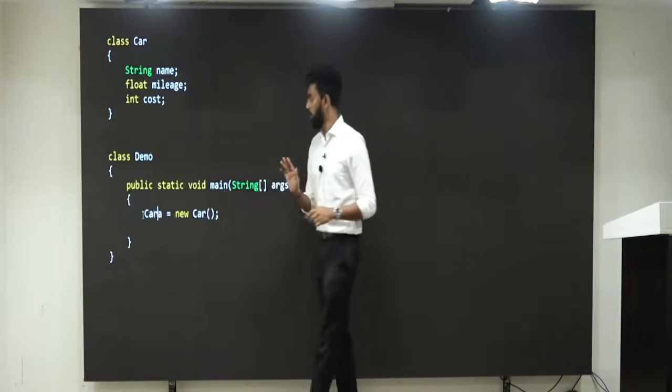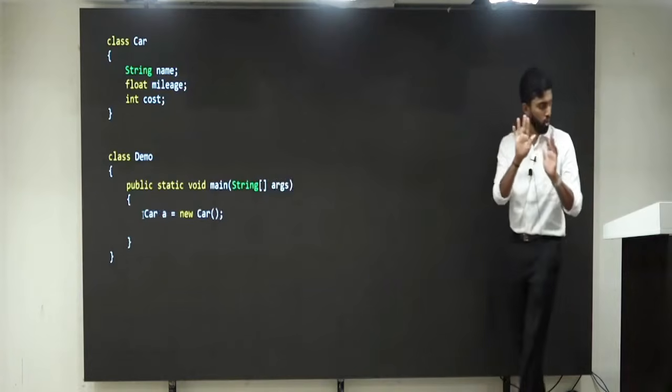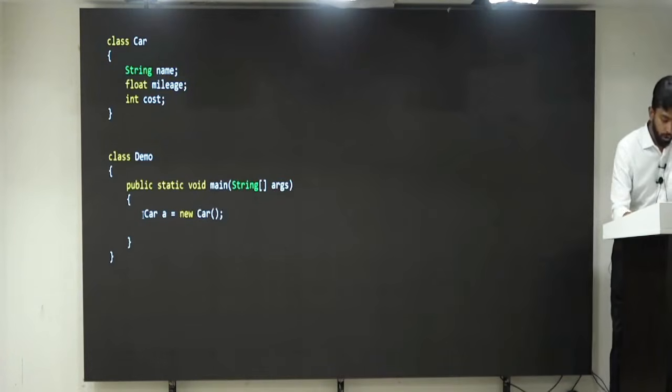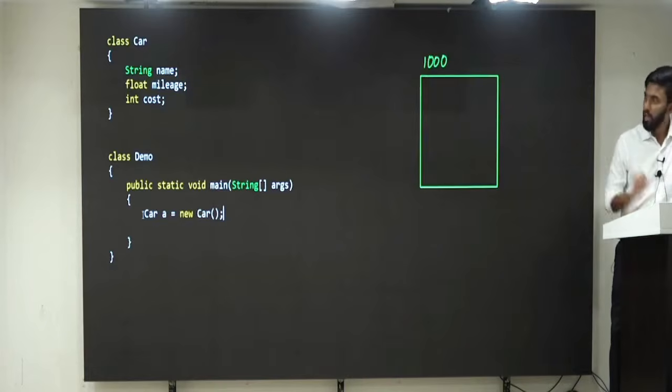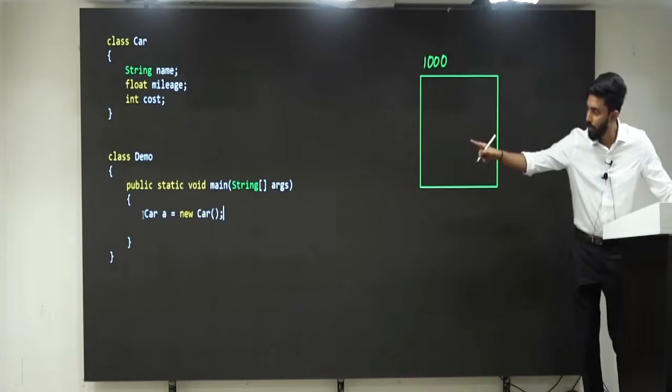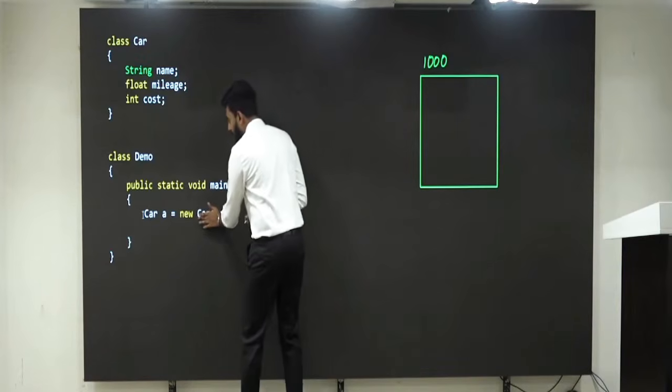Now everybody knows static is there, stack is there, heap is there. I am not showing all that. You know, new means immediately one new block of memory will be created which will have an address. Next, you are telling JVM, please go and create an object of a class called car. JVM will search for instance variables.